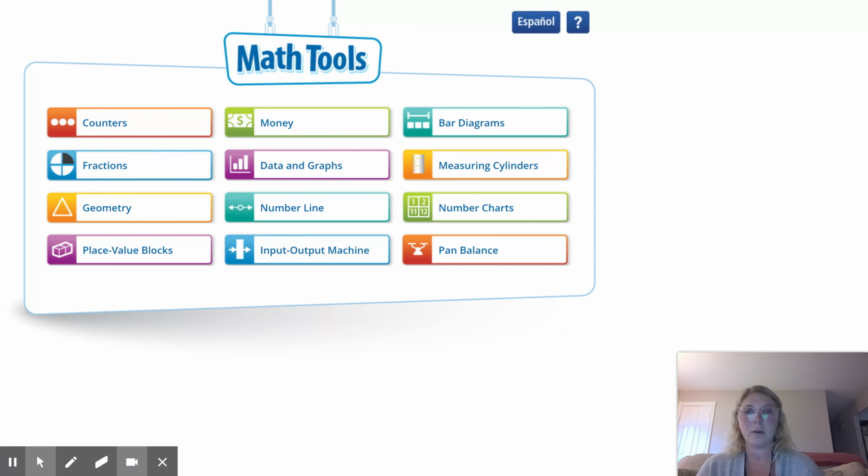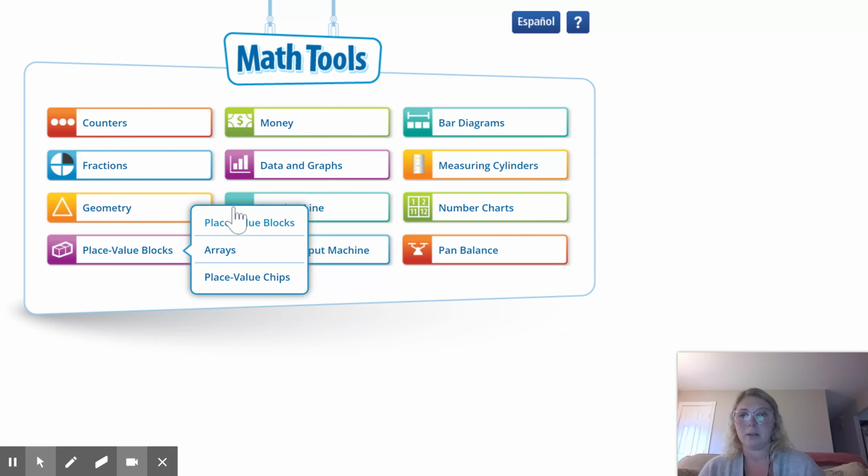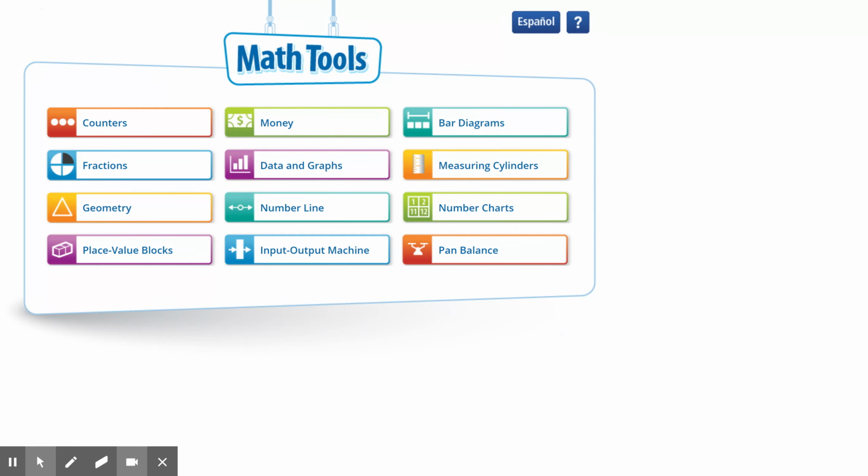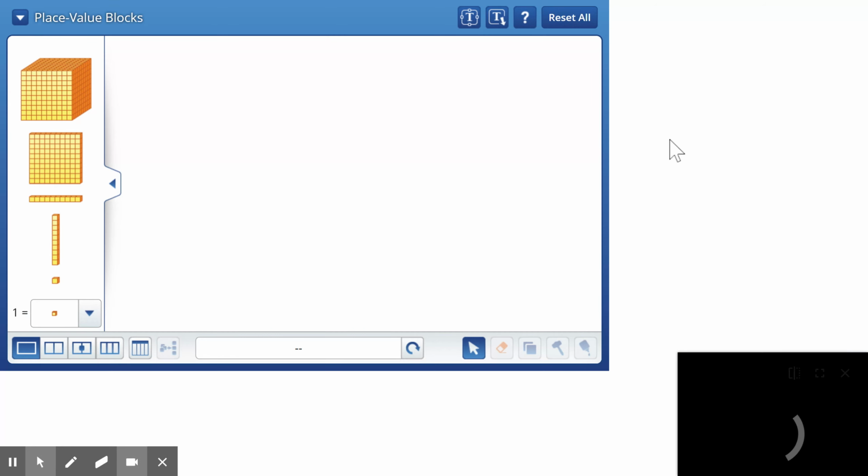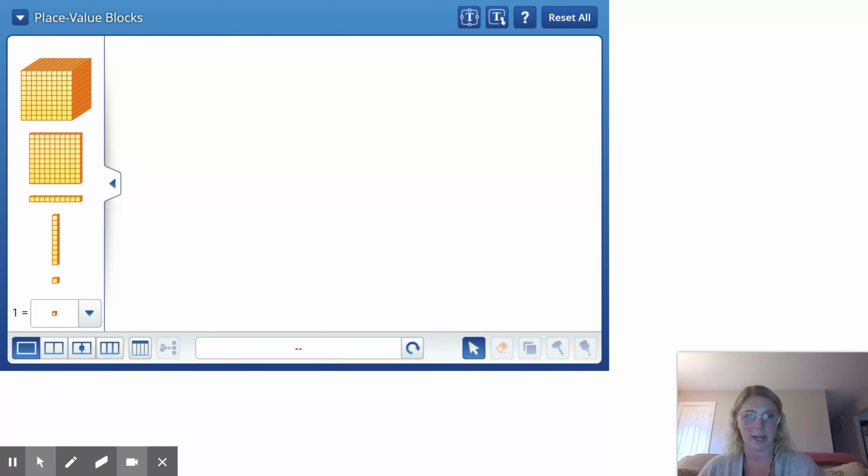Okay, so now this was what I went to after I went from the Savvas Realize page. Okay, then I'm going to click on Place Value Blocks. And I will change over to this tab, and then we should be good to go. All right, so that is how you get to what I have right here.